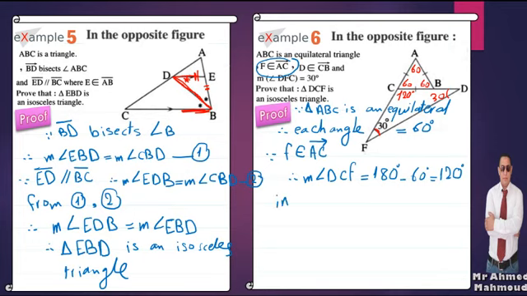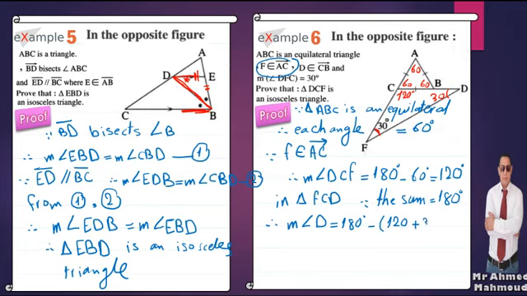In triangle FCD, since the sum of the interior angles equals 180 degrees, therefore measure of angle D equals 180 minus (120 plus 30) degrees equals 30 degrees.